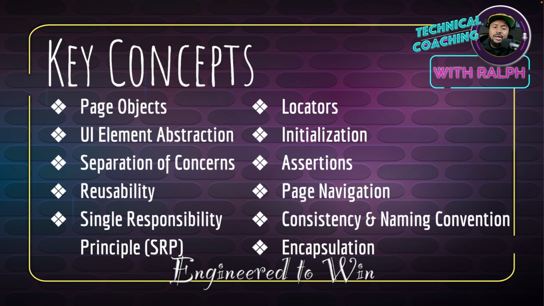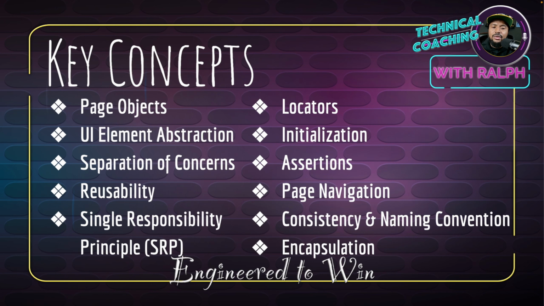It also includes a separation of concerns, putting things in a proper order. Like we mentioned before, it should be reusable. You should be able to reuse your page objects. And it also touches on the single responsibility principle. So we don't want many things doing many things. We want one thing to be responsible for one thing, and then we go from there.